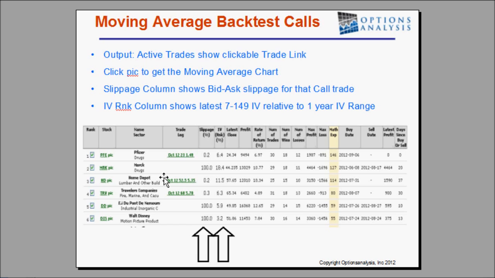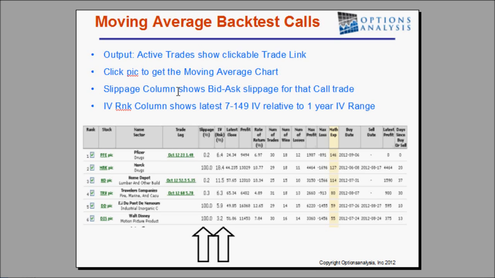Included in this output is not only how many trades were done, how many were winners, how many were losers, and what the math expectation currently is, which is what the ranking was. You also get these two additional columns called slippage and IV. Slippage shows the bid-ask slippage for the call trade that's being recommended.